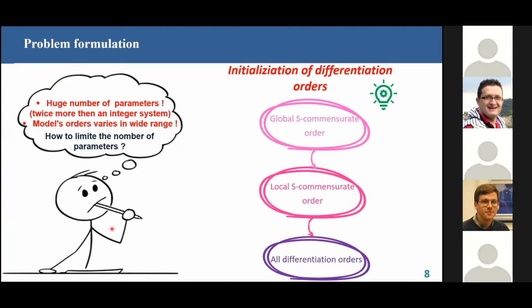We have implemented an initialization of the differentiation orders. Here we start with the global S-commensurate order. Once we estimate this, we estimate an S-commensurate order for each subsystem, so a local S-commensurate order. And at the end, we relax the commensurability constraint and estimate all the differential orders.